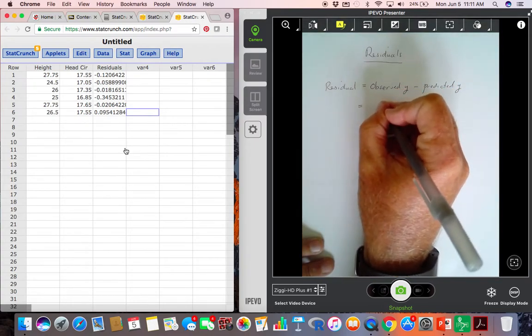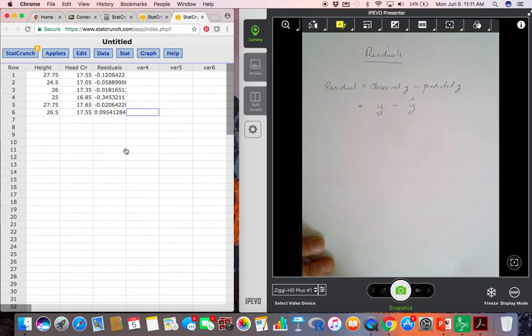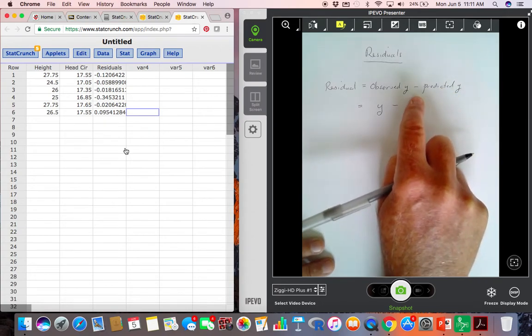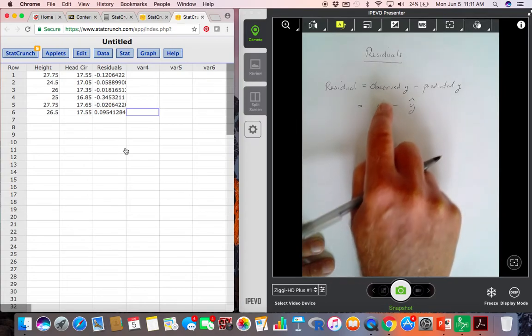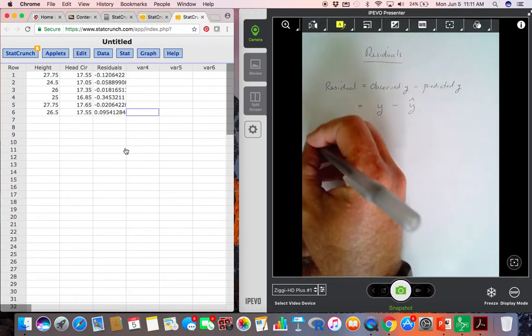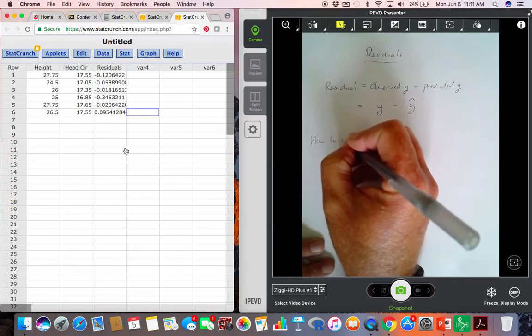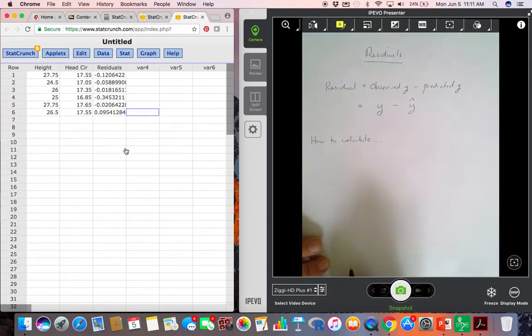A lot of times in symbols, you'll see this as y minus y hat, because again, predicted anything is just that, anything with a hat over it. We talked about that in previous videos, and the observed y is what we just observed for the child. So, how to calculate? Well, the easiest way is to let StatCrunch do it for us.